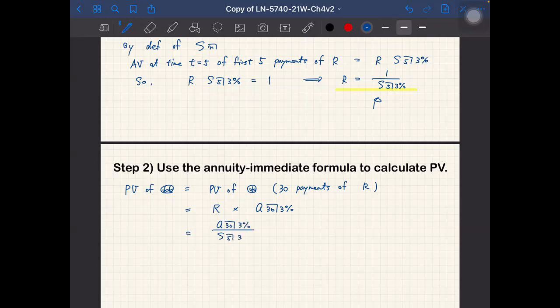And each quantity can be calculated by BA II Plus. For the numerator, we can use 30 as N and 3 as I/Y, and the payment as $1, or negative $1 if we want to get the positive present value. And for s angle 5, N is 5, 3 is the interest rate, and the payment is 1.